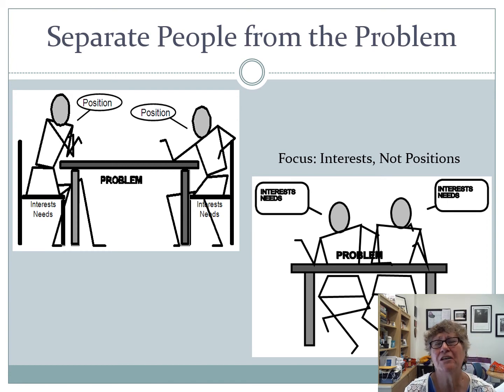Some people you're going to maybe dislike, but that doesn't mean that you cannot work with them if they're part of an interprofessional team that you're dealing with. And so you have to be able to separate your personal feelings about a person from what the issue is at hand. So that's something to think about and to have awareness of in yourself to be able to make that separation.